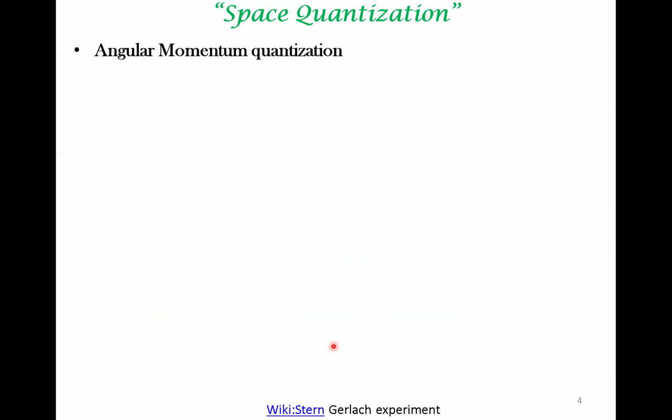So you would also, in a related context, have heard about space quantization. This is sort of not an obvious terminology. We'll look at why this terminology came about. Again, this has to do with angular momentum. So specifically with respect to angular momentum quantization.